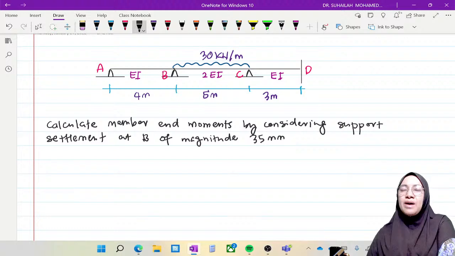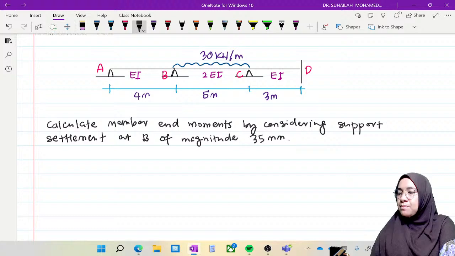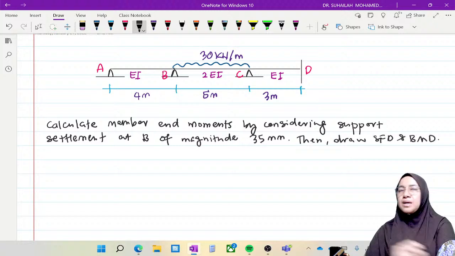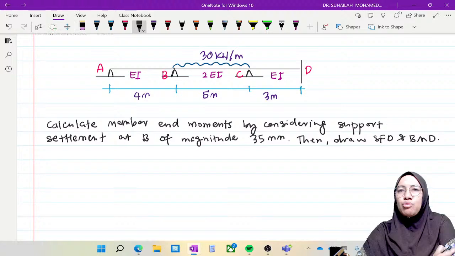Settlement means downward. Then draw the shear force diagram and bending moment diagram.